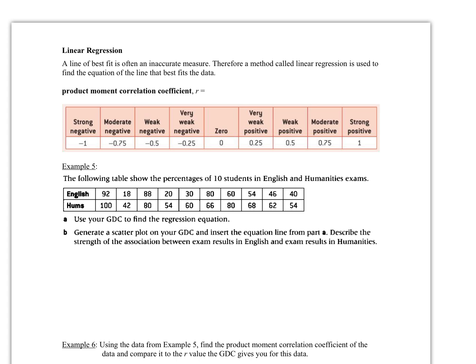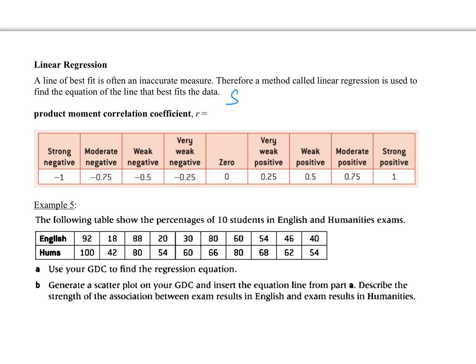Linear regression. A line of best fit is often an inaccurate measure. Therefore, a method called linear regression is used to find the equation of the line that best fits the data. We always look at the R value, the product moment correlation coefficient, and it's given by the formula Sxy over Sx times Sy, which is the sum of the products of x times y, divided by the square root of the sum of x squared times the square root of the sum of y squared.